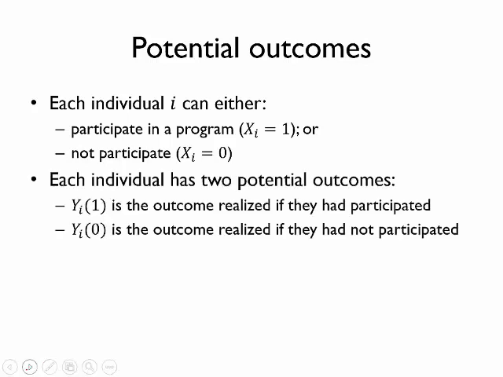Now, we also say that each individual has 2 potential outcomes, which we denote as y_i(1) and y_i(0). If the individual had participated in the program, the outcome they would realize is y_i(1). If the individual had not participated in the program, their outcome is y_i(0).